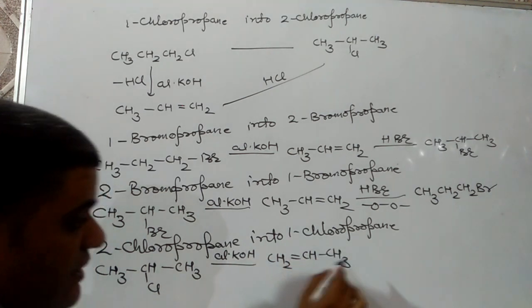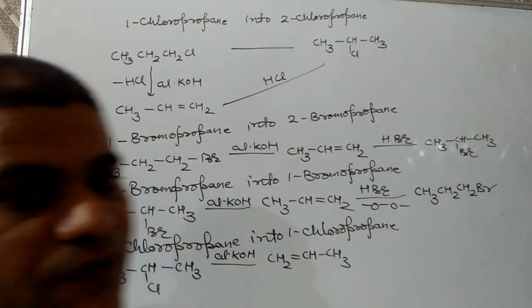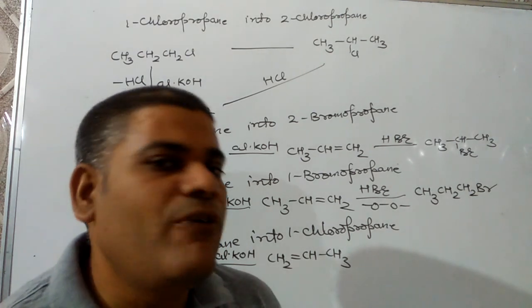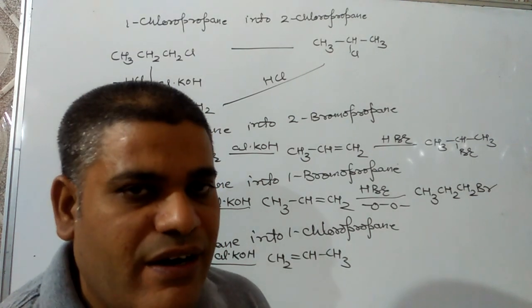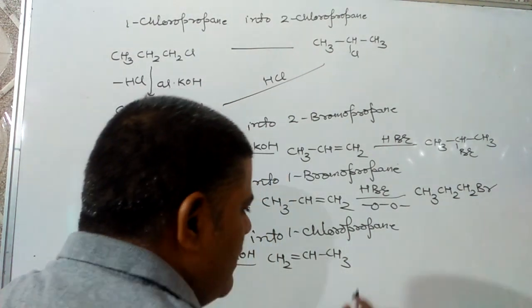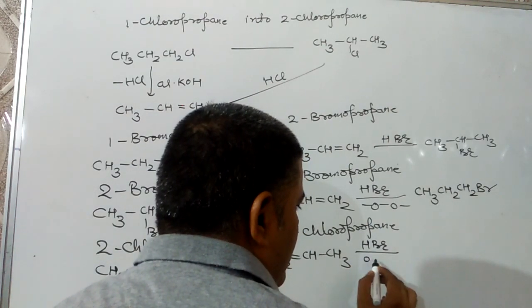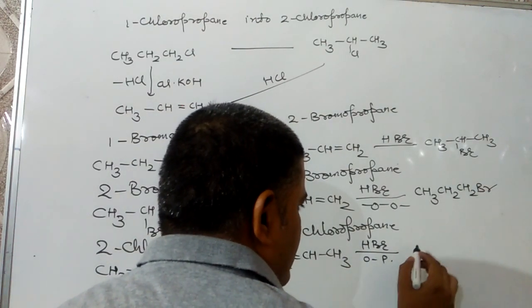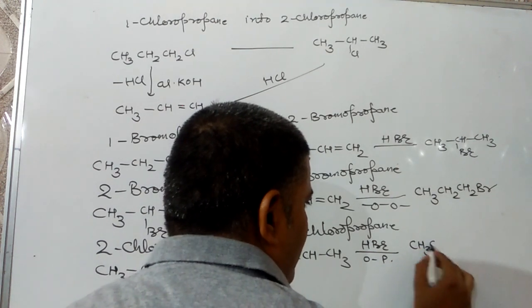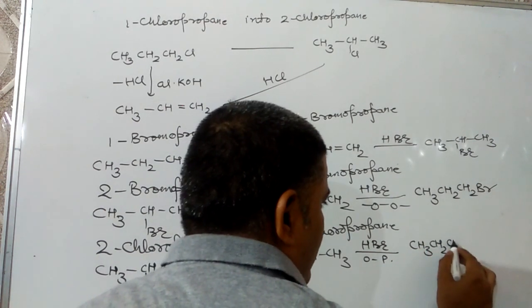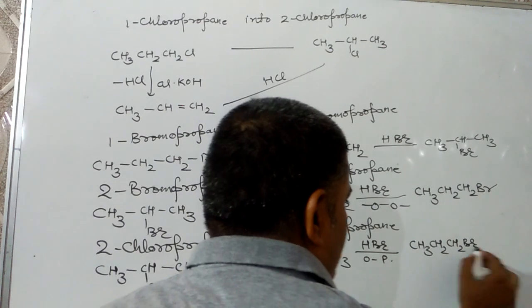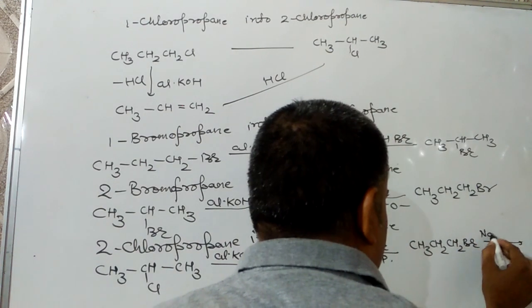Then we have to see. We have to make the anti-Markovnikov addition, and anti-Markovnikov addition can be done only for HBr, not for HCl. So first we have to do the bromination by addition of HBr in presence of peroxide. Now we will get 1-bromopropane. Now we have to remove the Br. So first form the alcohol with aqueous NaOH.